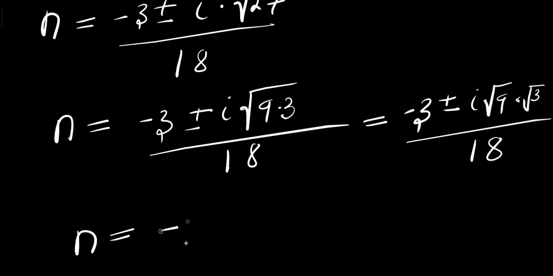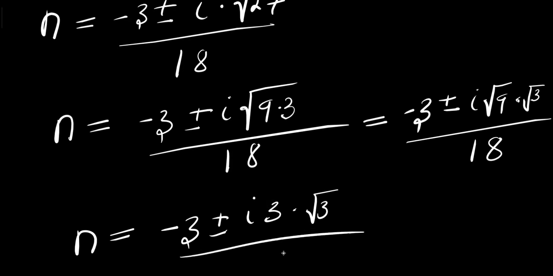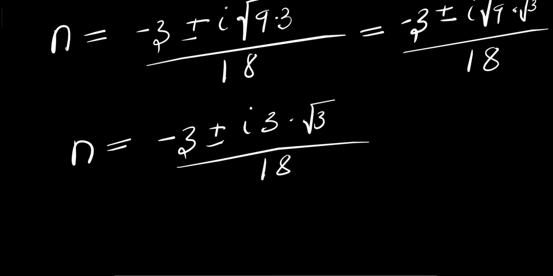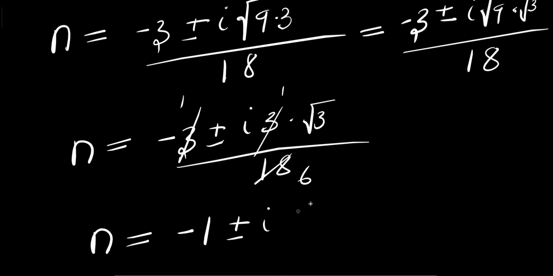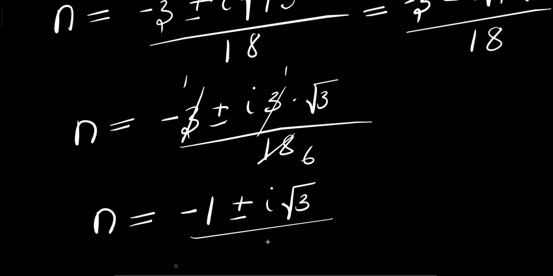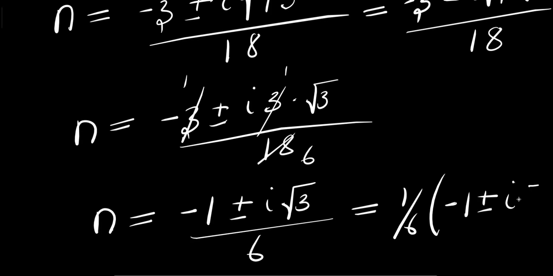From here n equals negative 3 plus or minus i times square root of 9, that is 3 times root 3 divided by 18. So this cancels, this cancels, this cancels this 6, so we have n equals negative 1 plus or minus i times root 3 divided by 6. So from here we have 1 over 6 of negative 1 plus or minus i times root 3.